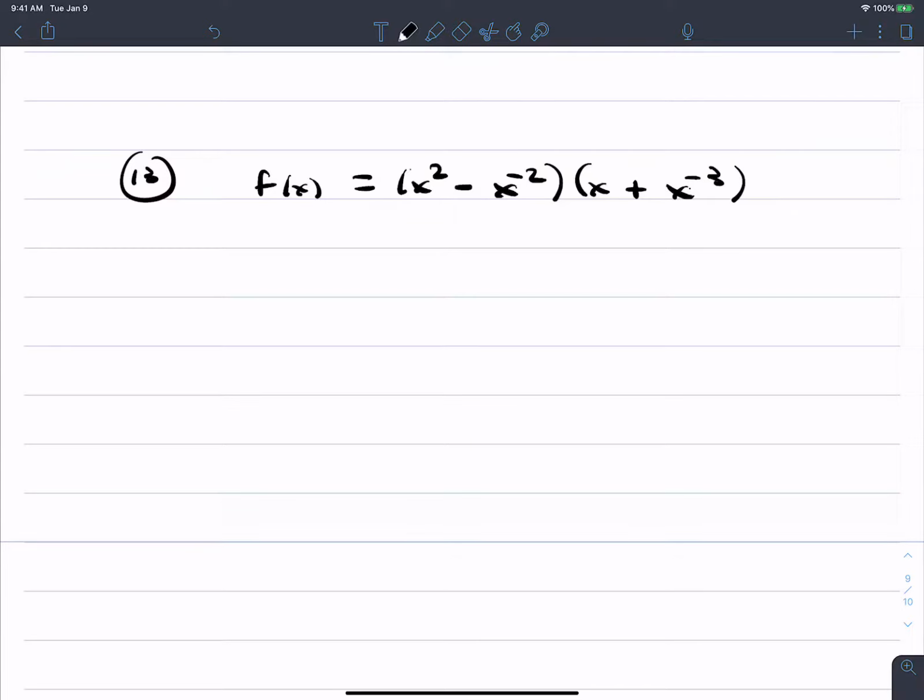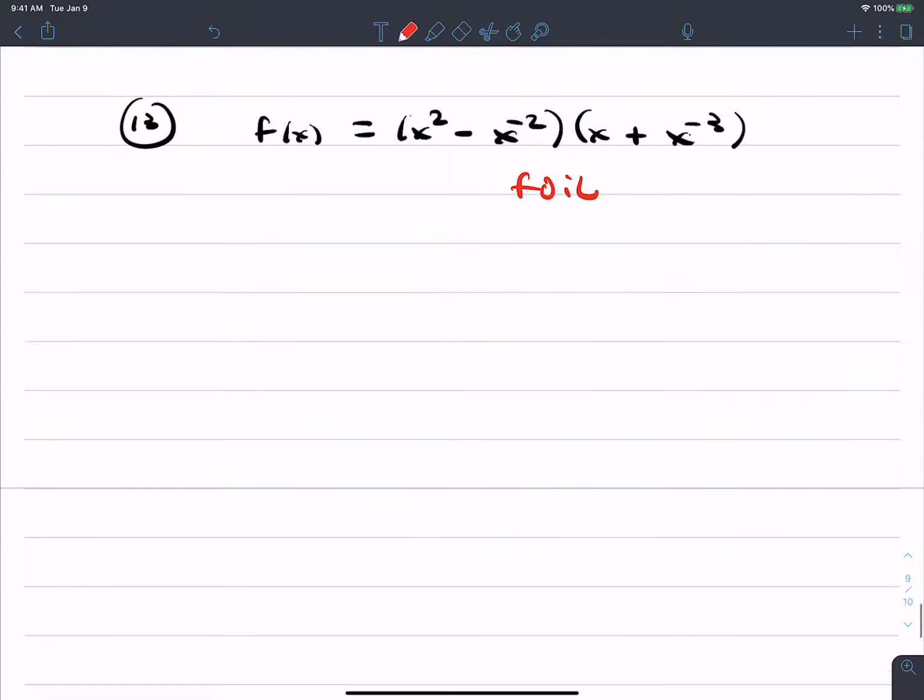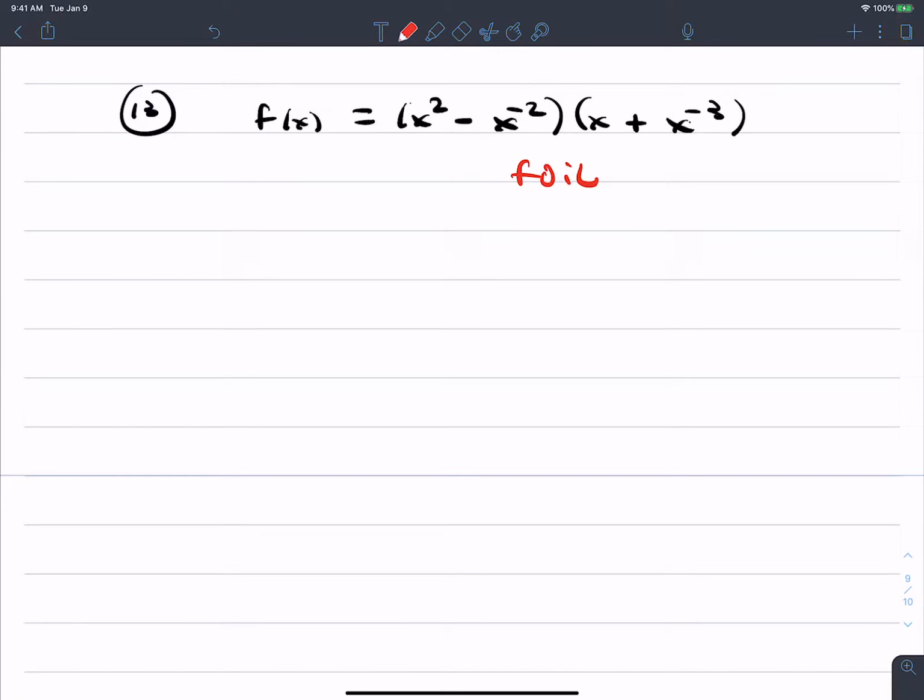All right. Again, you say FOIL. First terms, x cubed. Outer terms, and maybe I have to go through more steps here. X squared times x. First term, outer.